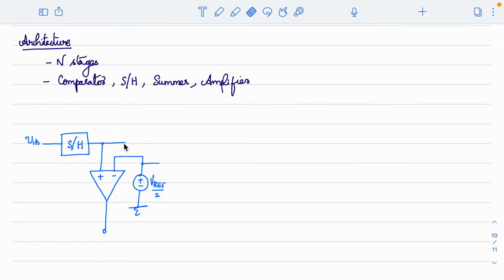Now at the output of this sample and hold circuit, you will have one summer. We look at the operation of the summer, and one input of the summer is the sample and hold output itself. Then the other input of this summer will be connected.